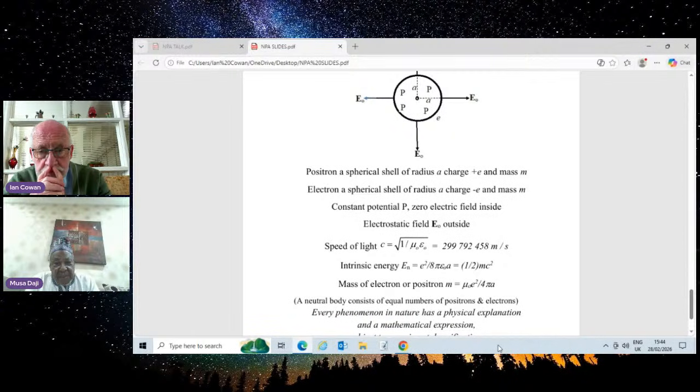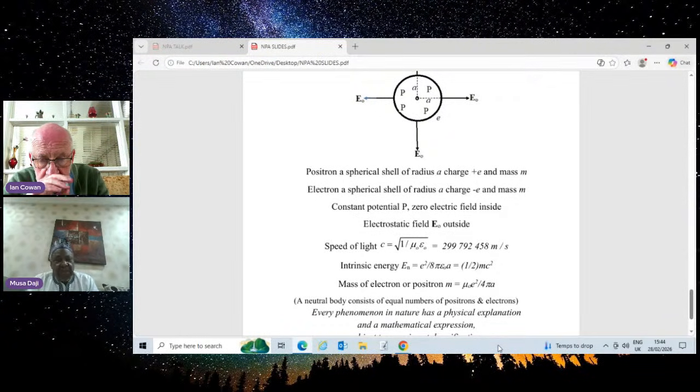This is an expression for which I have been accused all over the place that it cannot be right. But nobody has proved me wrong. It expresses the mass of a charged particle in terms of the charge and the radius a of a spherical shell.